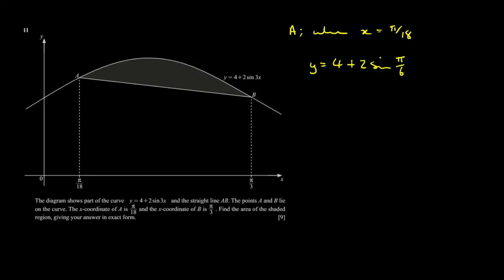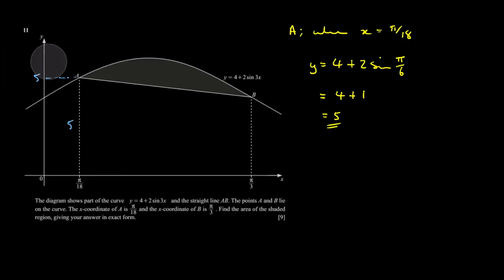And what's sine pi by 6? It's a half, right? So I'm going to get 4 plus 2 times a half, which is 1. So the y-coordinate there is going to be 5. Okay, so this value here is 5, which means that this length here critically is 5.